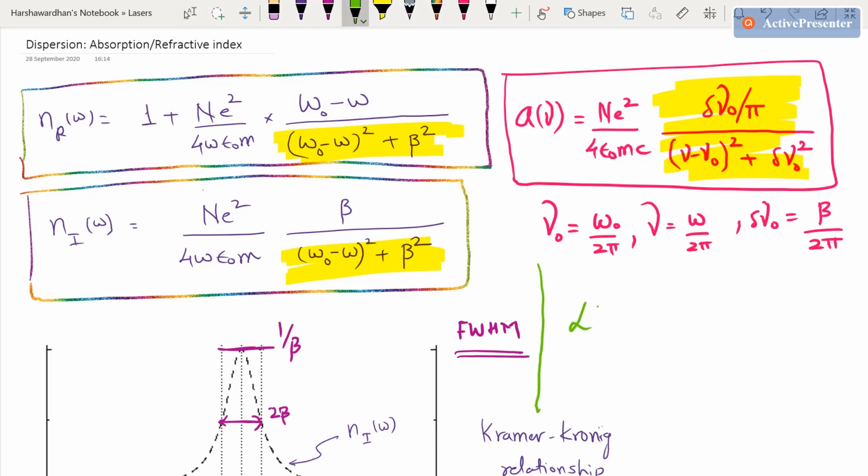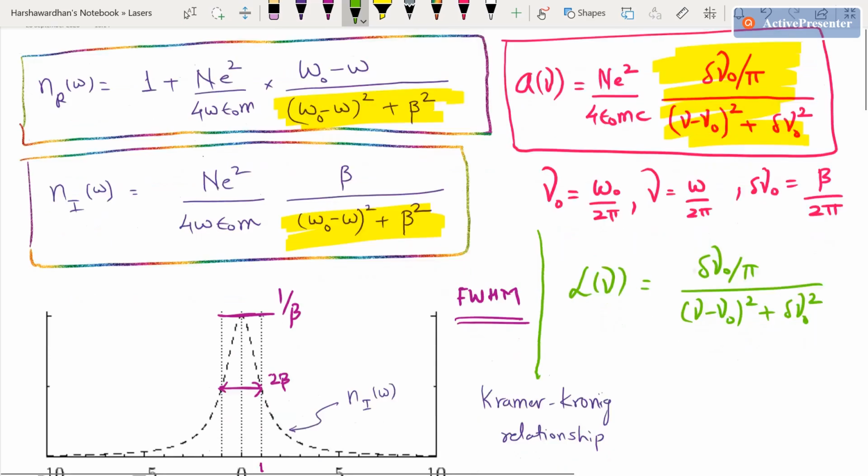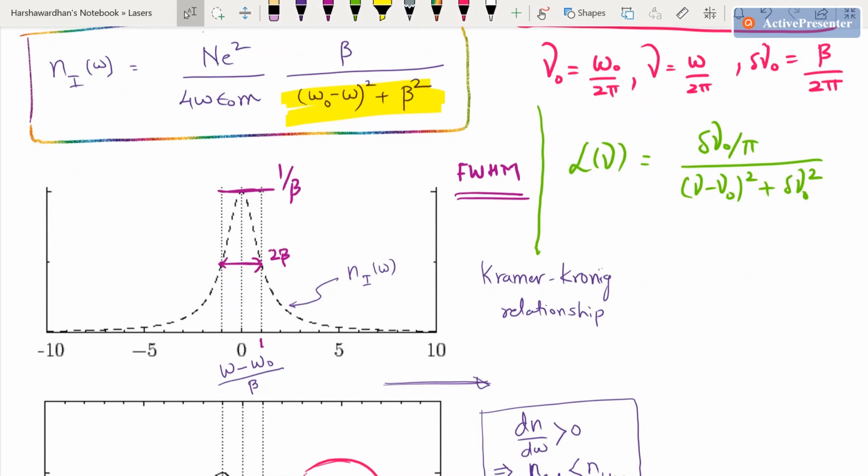L of nu is known as the Lorentzian, and it is essentially this object: delta nu naught by pi, over nu minus nu naught whole square plus delta nu naught square. This is called a line shape function, or the Lorentzian line shape function.